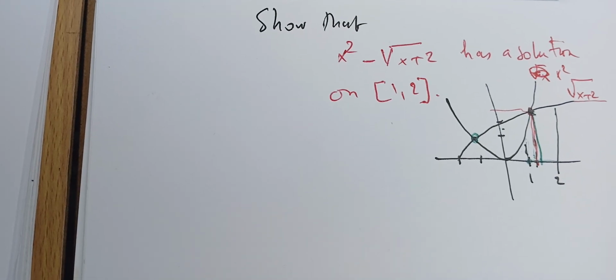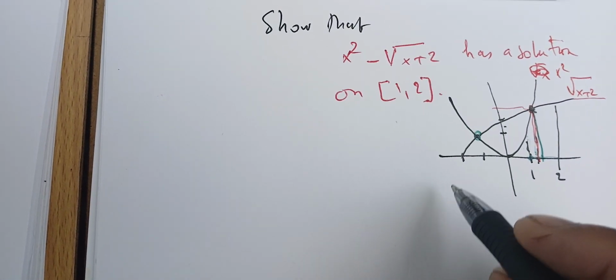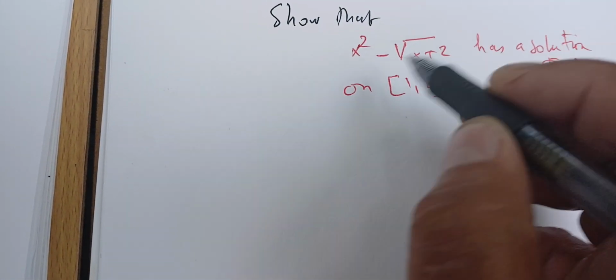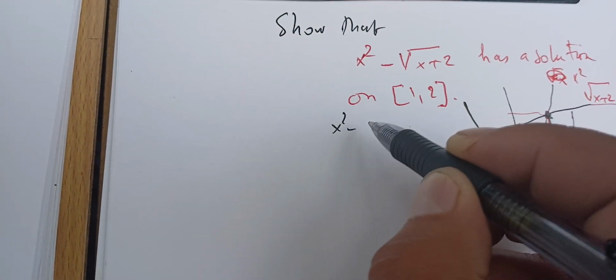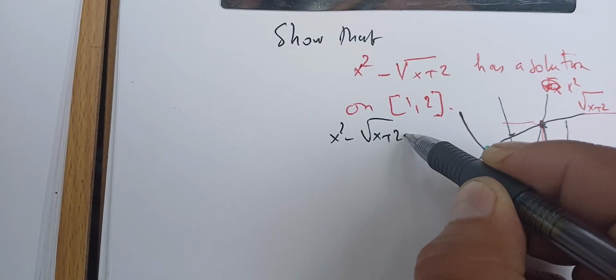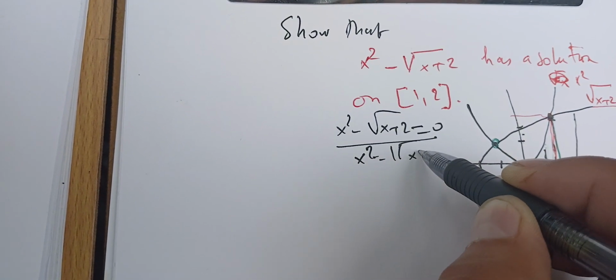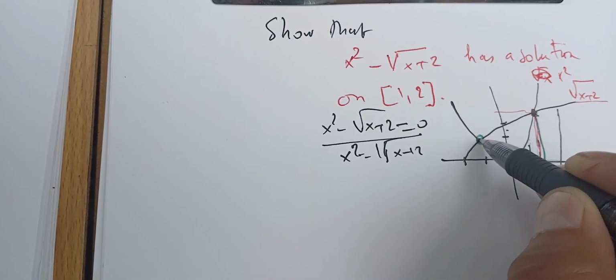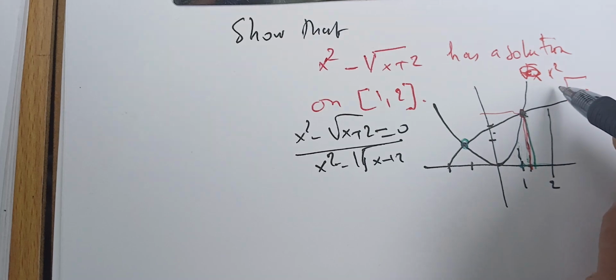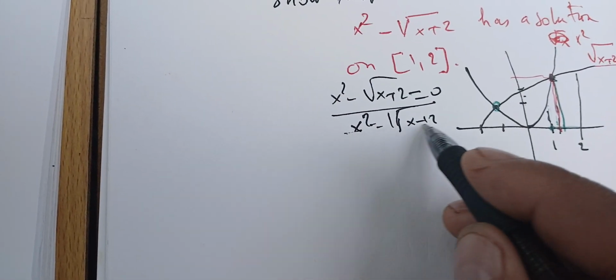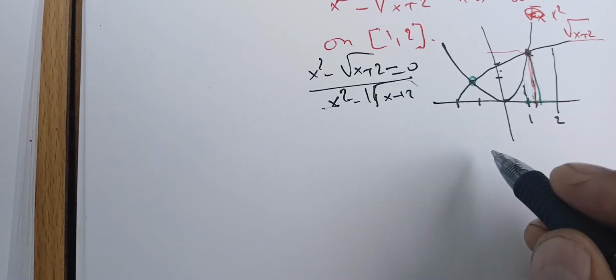If we want to graph the function, I use the fact that I'm looking for x squared minus square root of x plus 2 equal to 0, so I set these two graphs equal: this is x squared, and this is square root of x plus 2. I can also consider this as one simple graph.